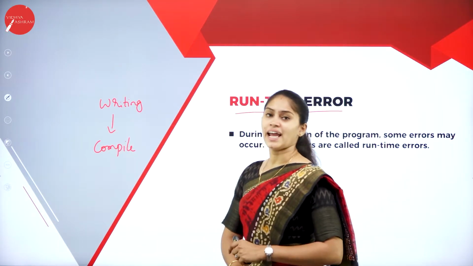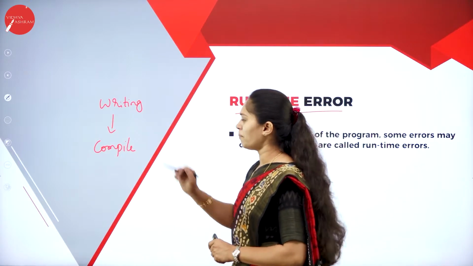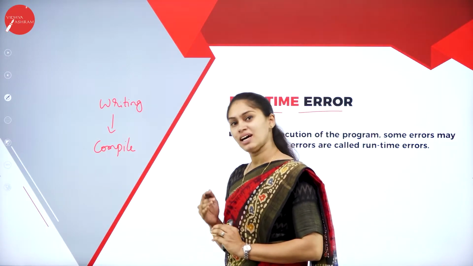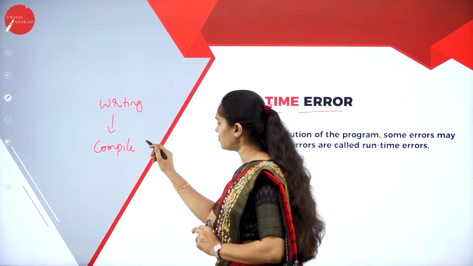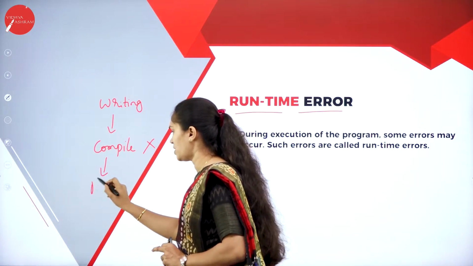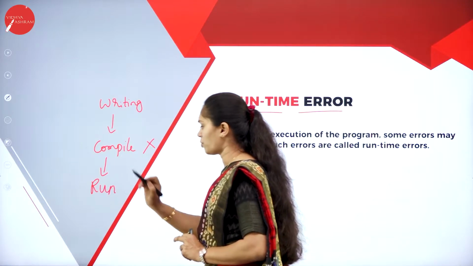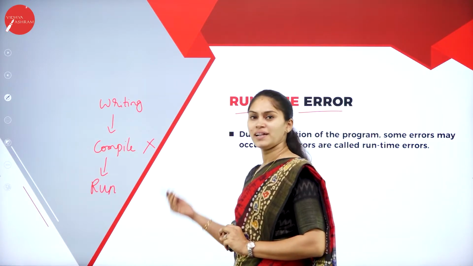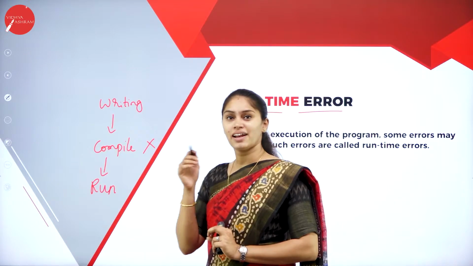If any errors occur in this compilation, it will give me compile time errors. If there is no error, no bug, at that time it leads me to the running of a program.